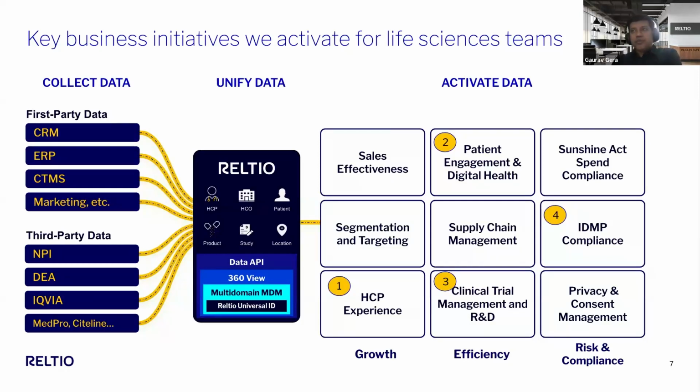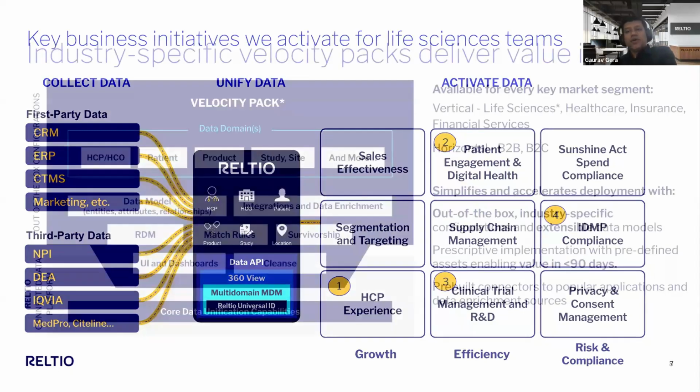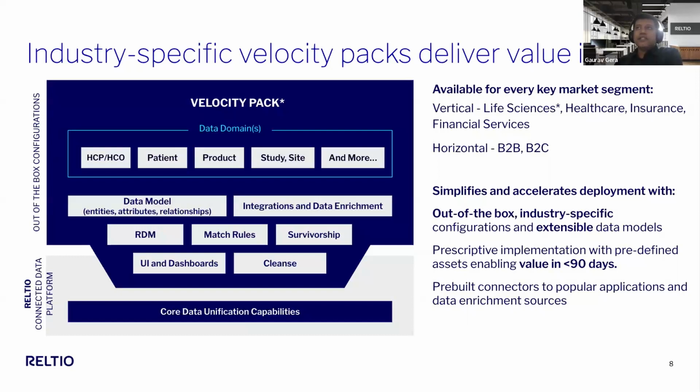But before I jump into those pieces, technically what a velocity pack is, is basically a packaged solution that solves one or more of the business initiatives that we saw in the previous slide, right? And there's just one life sciences velocity pack.